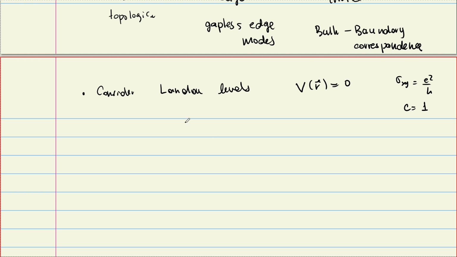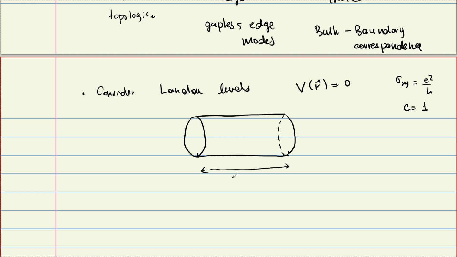And I want to consider this so-called Laughlin-Halperin construction. So you have a disk, and this edge is L_x. The circumference of the disk is L_y, and you put a flux which depends on time through the disk.